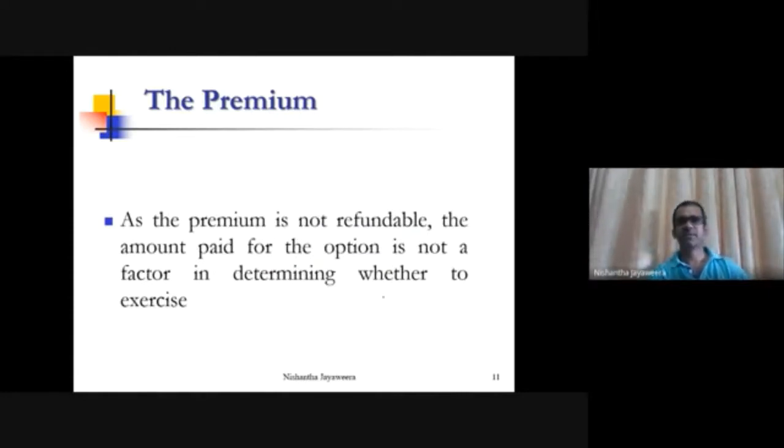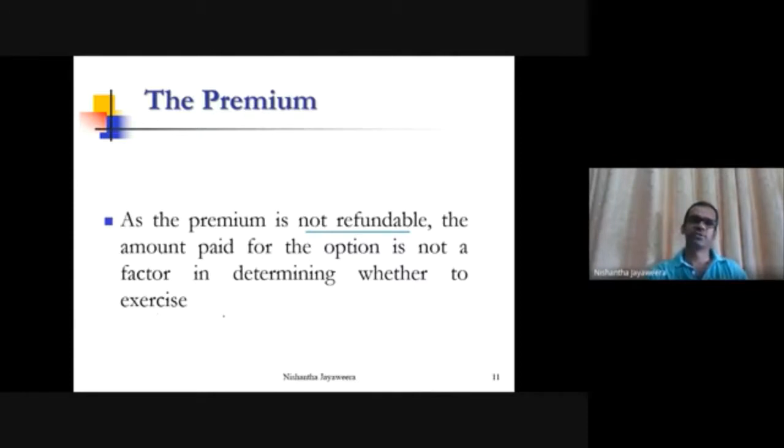As we discussed, premium is not refundable. Therefore, the amount paid for the option is not a factor in determining whether to exercise or not. I mentioned this even in the previous session. To decide whether the option should be exercised, we don't consider the premium paid.